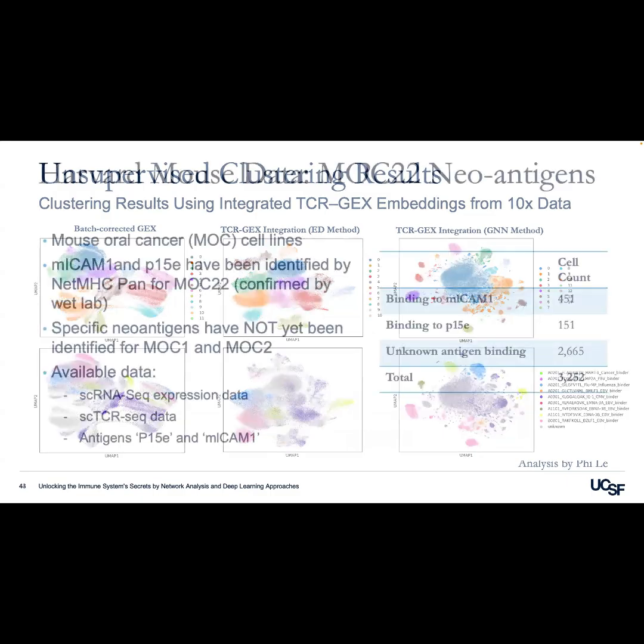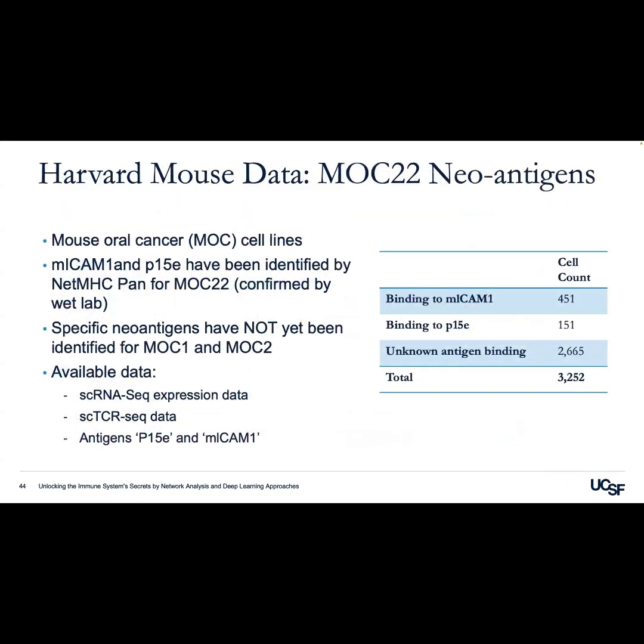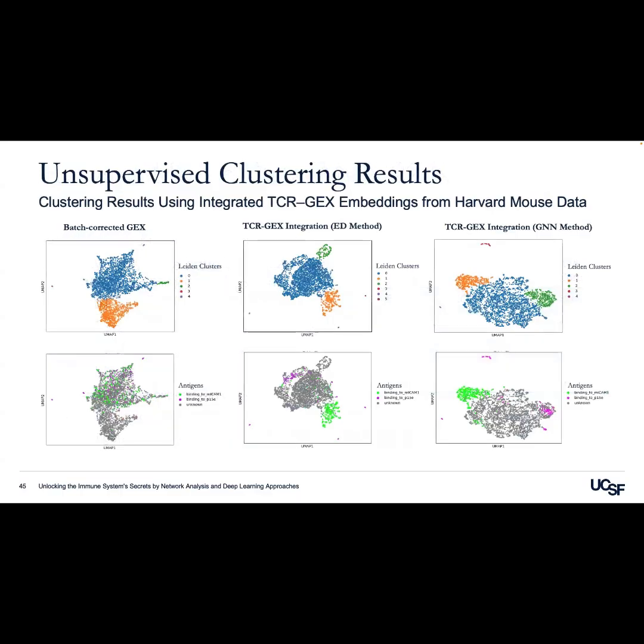We also show this on mouse data from our collaborator at Harvard, for which we have no antigen information. We organized the figure similarly. If we only use the gene expression data, it's very difficult to distinguish between these two known antigen groups.